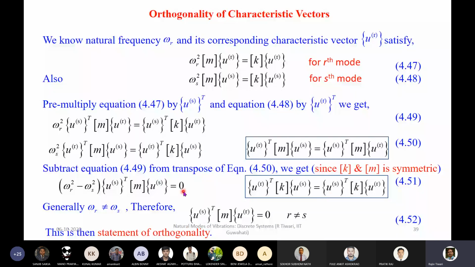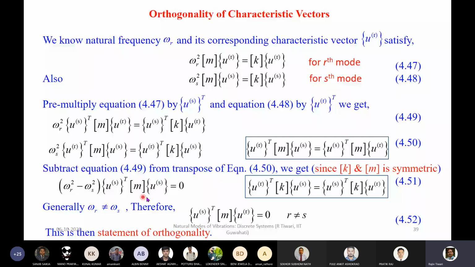Now, because we have taken two different natural frequencies, and in general two natural frequencies cannot be equal, only if they are equal will this be 0. But for the general case, they cannot be equal. So we cannot equate this to 0. If this is not 0, then we must have the other three terms equal to 0.